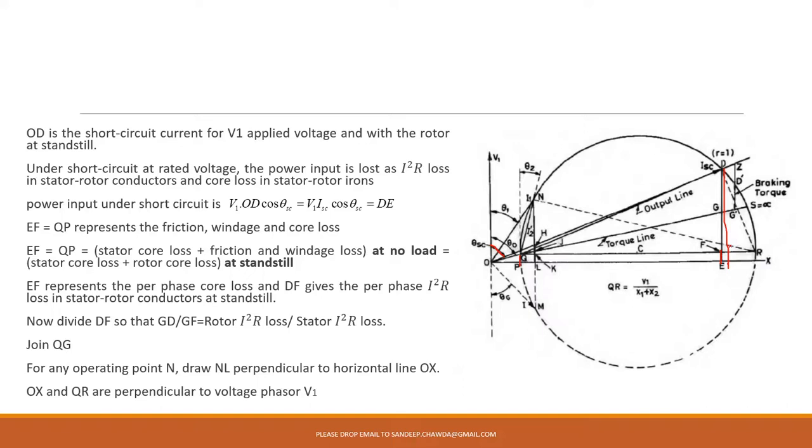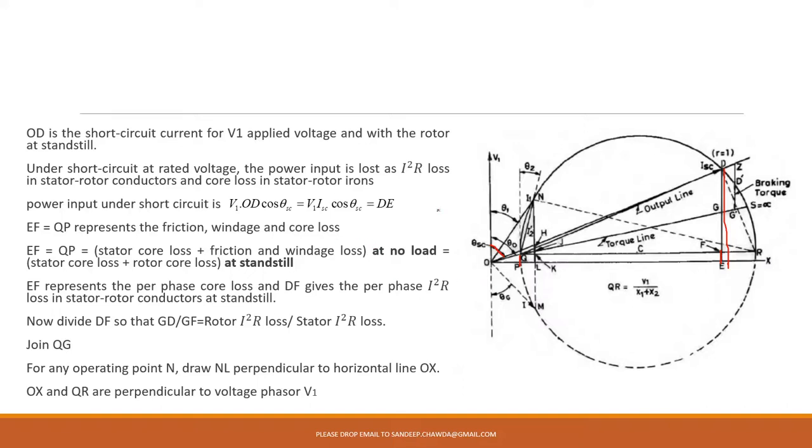So we have divided DF in such a way that the ratio of DG to GF is equal to rotor I square R loss divided by stator I square R loss. Then, now that G is obtained, you can join Q and G. Q and G will be joined, so you will get a line QG.